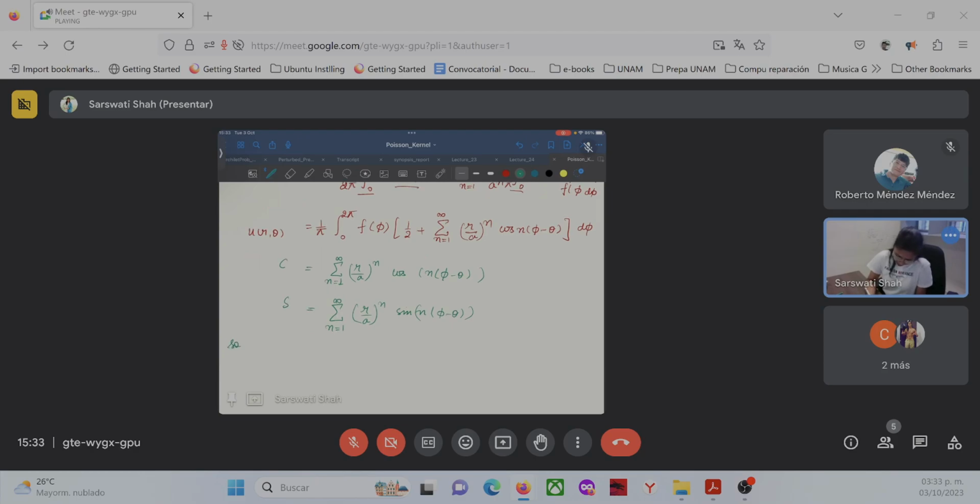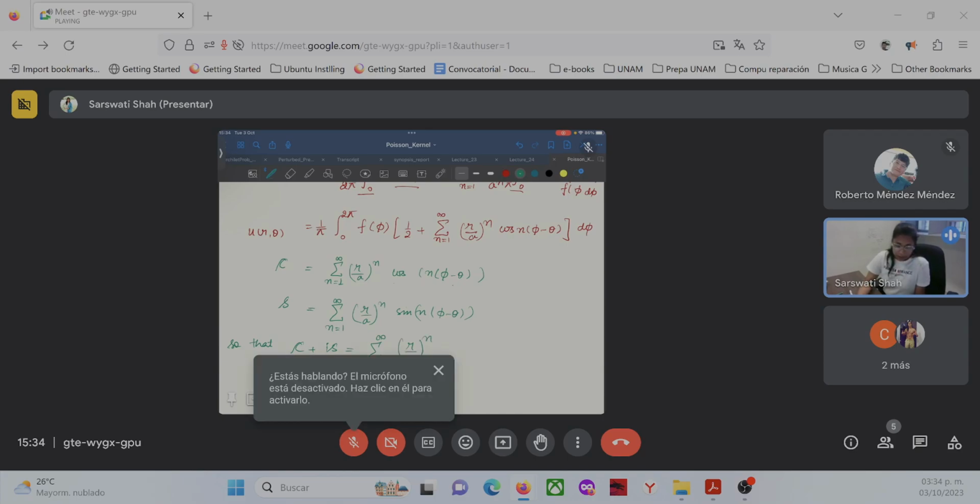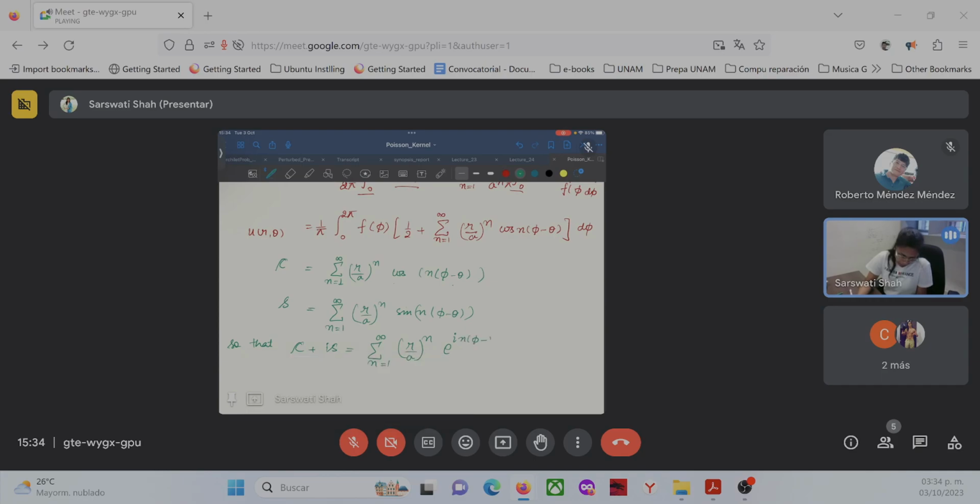So that C plus iota S would be summation n varying from 1 to infinite, r over a to the power n, cos theta plus iota sine theta, that is e to the power iota theta. So e to the power iota n phi minus theta.